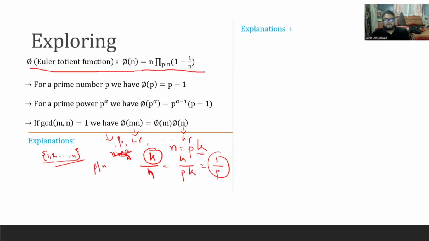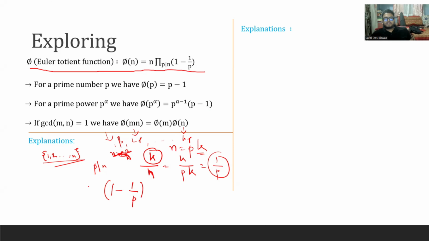So if you take an integer from this set, the probability that it is divisible by that prime p is 1 by p. And if you take the complement, 1 minus 1 by p is the chance that p does not divide a particular number from this set.